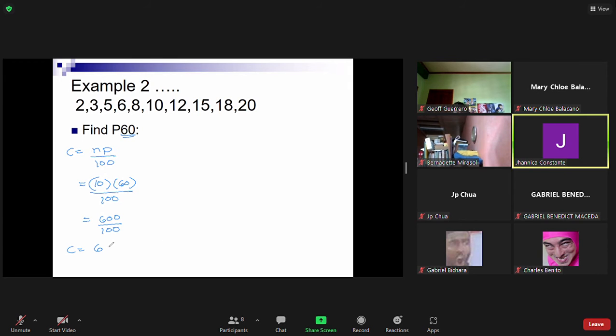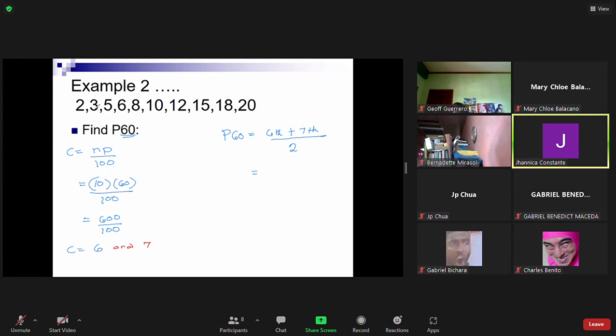So 6 and the 7th position for us to identify the value of the 60th percentile. So we're going to use the 6th position plus the 7th position divided by 2.